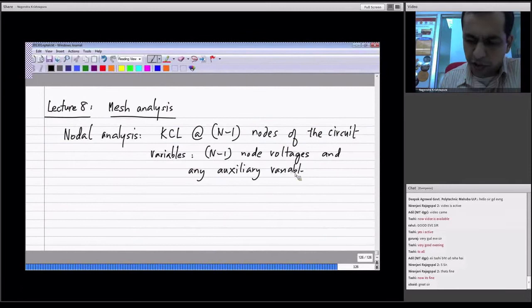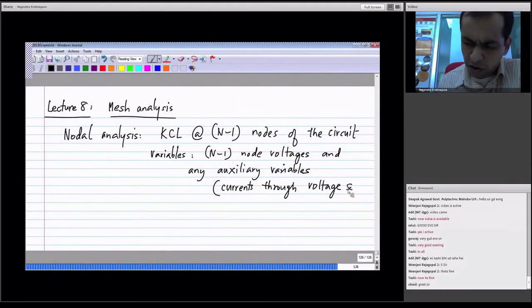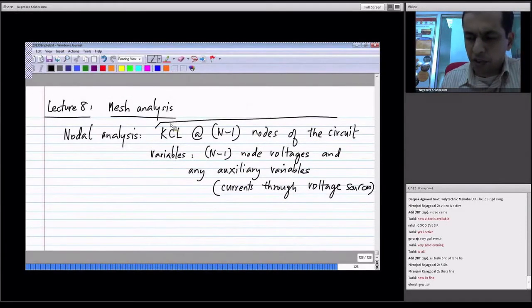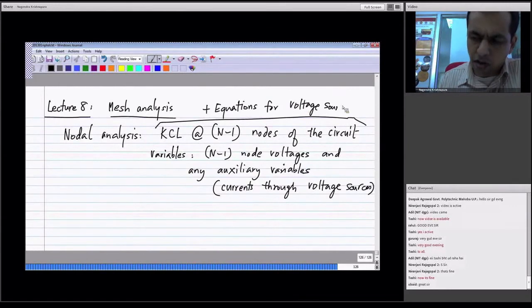And these auxiliary variables are currents through voltage sources. Okay. And the equations come from n-1 KCL equations plus equations for voltage sources.